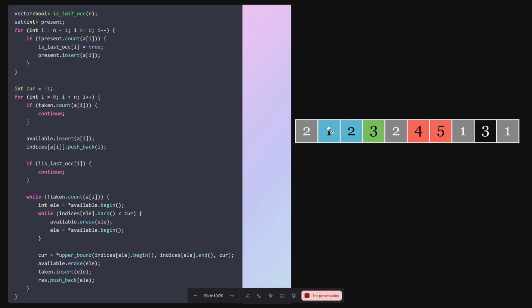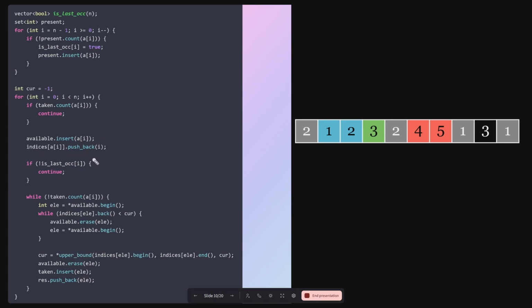This is the code for this problem. First of all, you figure out the location of all the red boxes. Then you start adding all the elements in the prefix one by one as a possible candidate, while also tracking the indices of all the possible candidates.